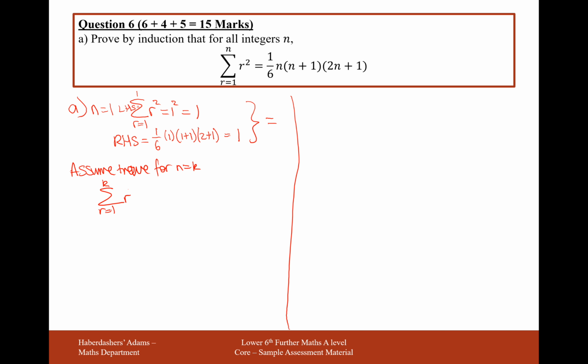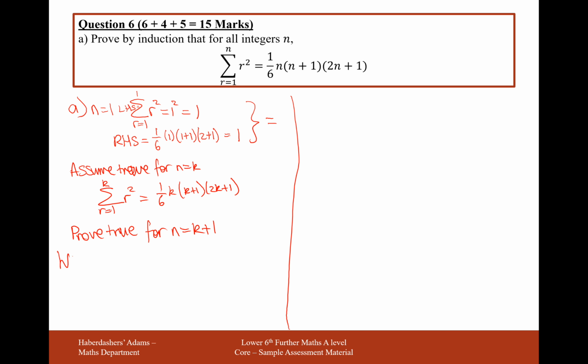The next part is the key part, that we prove our theorem is true for effectively the next value up from k, and therefore if we can start at 1 and prove the next step up and keep that iteration going, then we can prove our theorem is true for all positive integers. So prove true for n equals k plus 1.